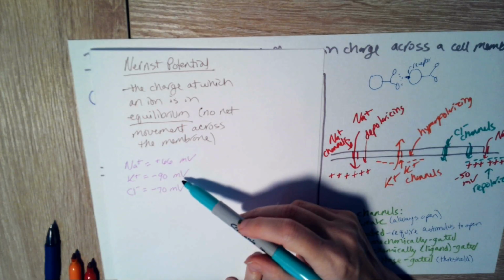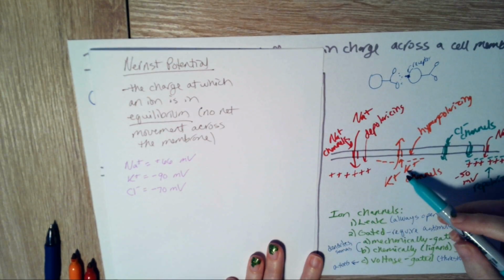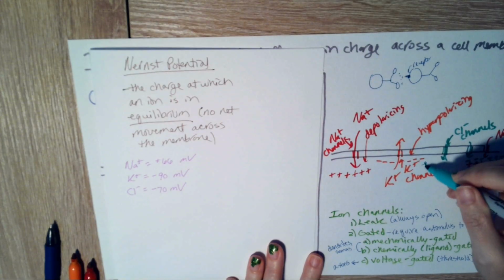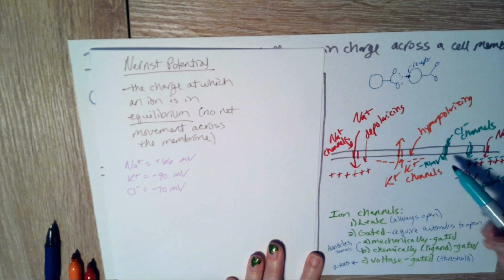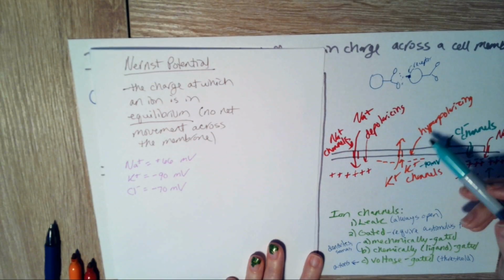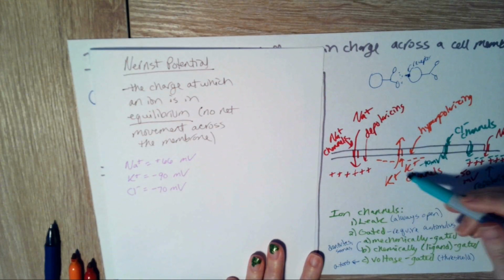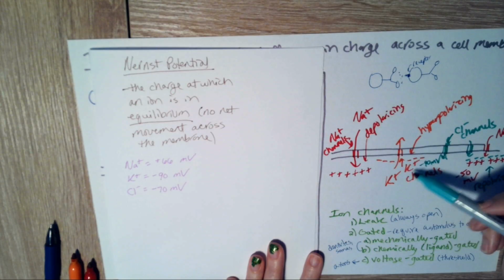Now for potassium, the Nernst potential is negative 90 millivolts. So when potassium leaves and it gets it to be more negative, it can get it to be as negative as negative 90 millivolts, and then it'll stop moving out, because then it's perfectly in electrical and chemical balance at negative 90 millivolts. So in this case, this is pretty close to resting potential.